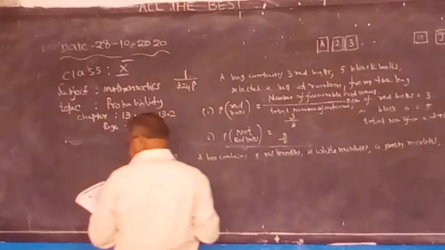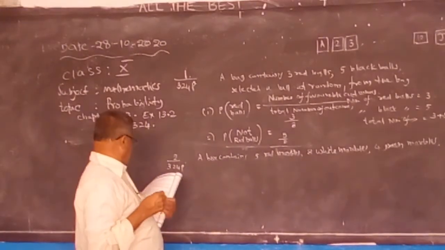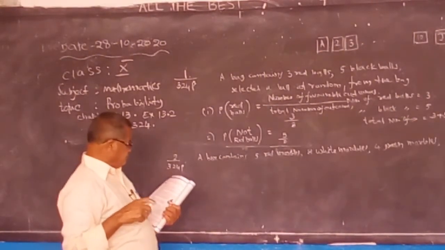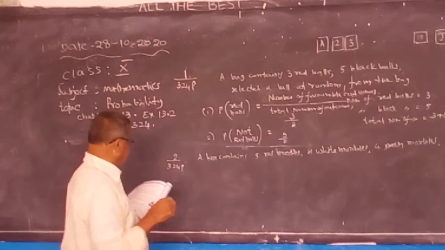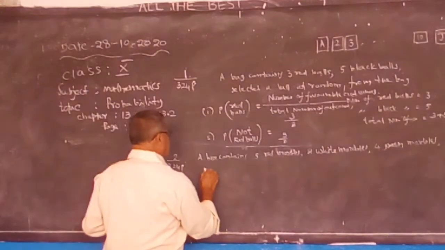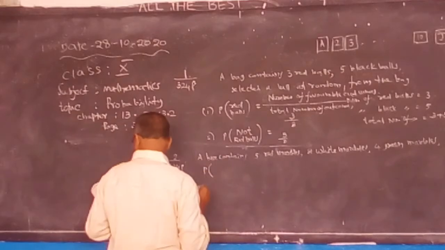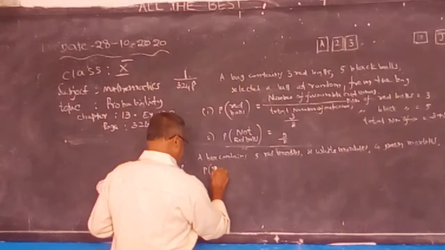One marble is taken out of the box at random. What is the probability? Find the probability of red.